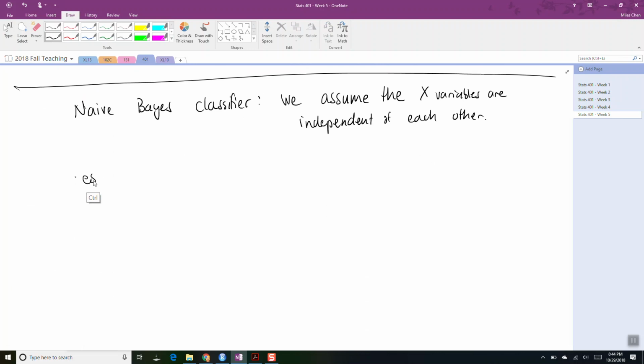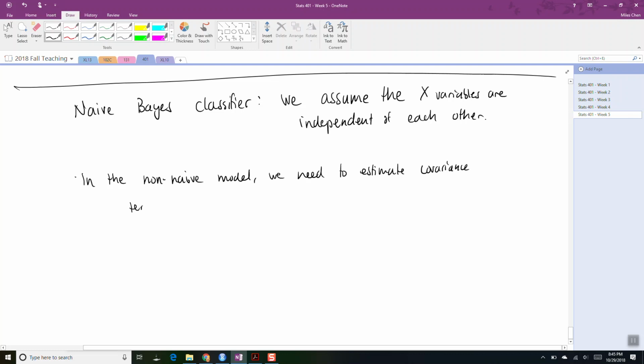In the non-naive model, we need to estimate covariance terms, and if we do not have enough data, our covariance estimates could be bad.